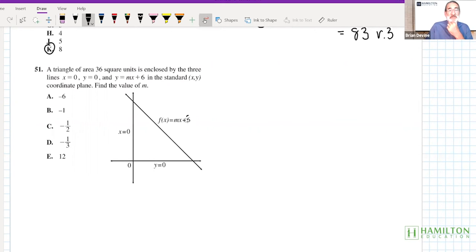Well, this tells me it's 6 right here. That would be the y-intercept. And so I know that this length right here is 6, which is the height. And I know that 1/2 base times height, so base would be this length here.